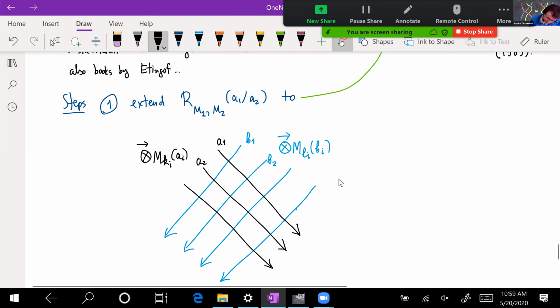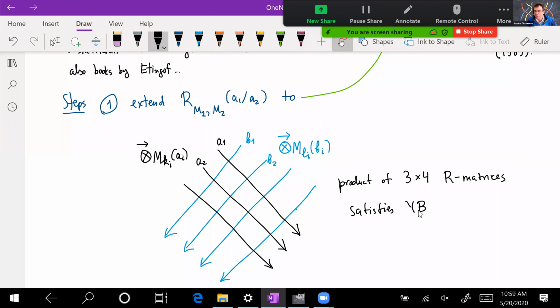This is a product, in this case, of 3 times 4 R matrices. And it satisfies Yang-Baxter. The way I usually explain it: when you think of a picture like this, maybe these are 3 pieces of rope, and what we're doing is we move the middle string to go from one picture to another.